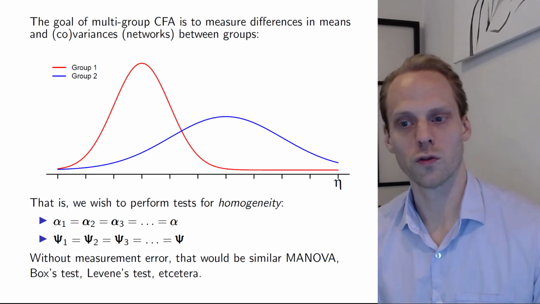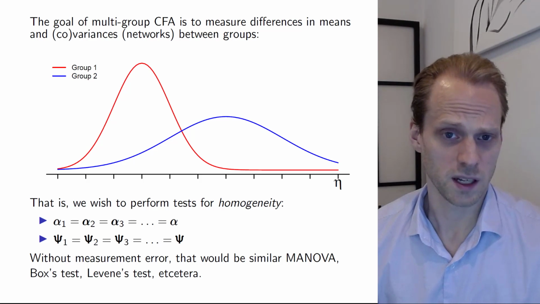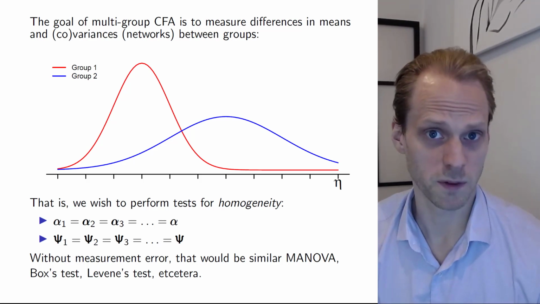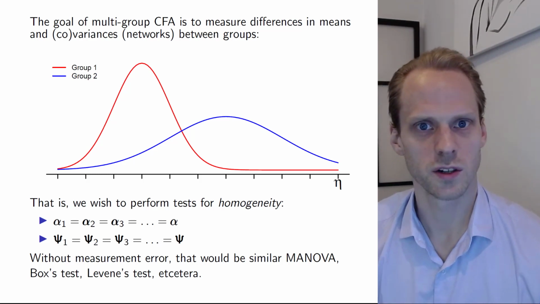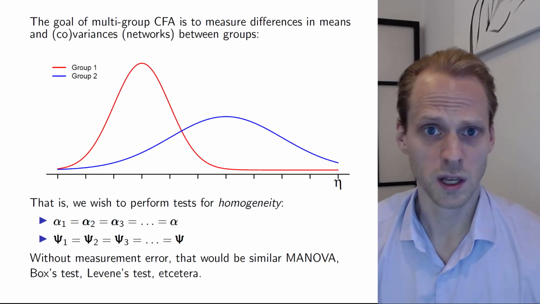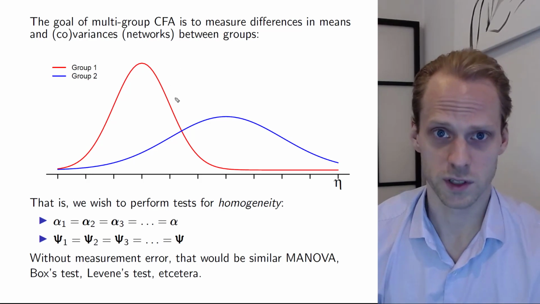So what's the goal of multi-group CFA modeling? And I think that's an important question to ask. I think for many people the goal is just measurement invariance. I don't think that's really true. I think the goal is really that you're not interested per se in if the test is fair for both groups. You're actually interested in the differences at the group level and if there are differences. Right?